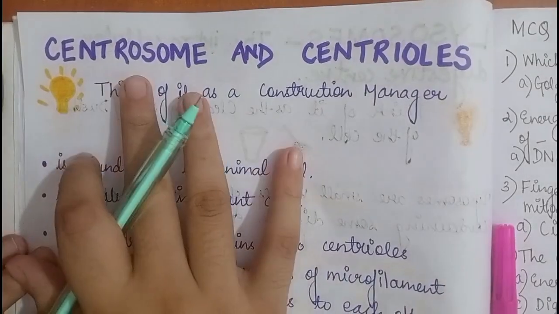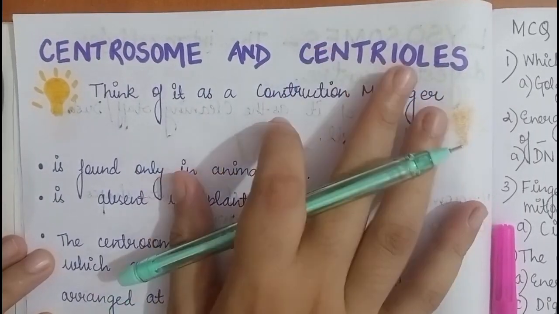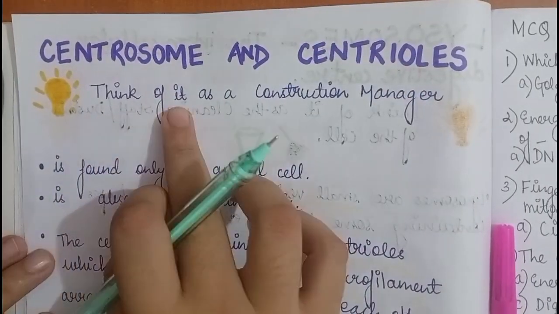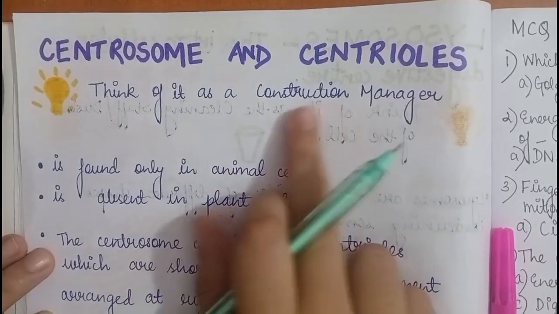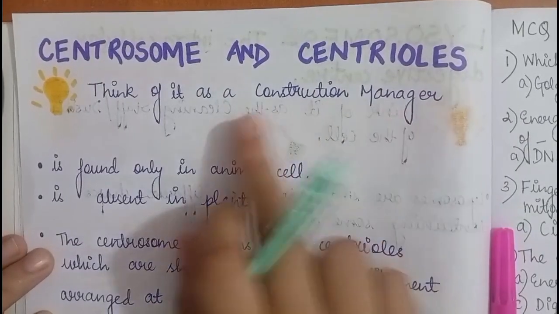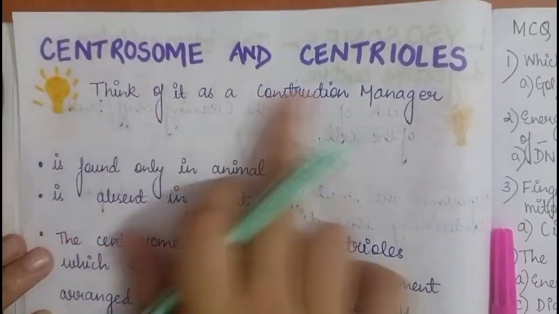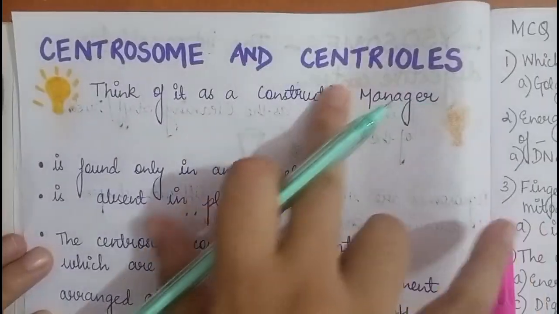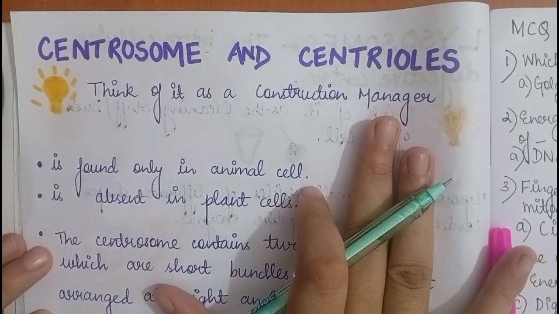Our last topic is centrosome and centrioles. To understand it, let us think of it as a construction manager. What does a construction manager do? He divides the work. Similarly, the centrosome and centrioles are responsible for cell division. We'll see how.